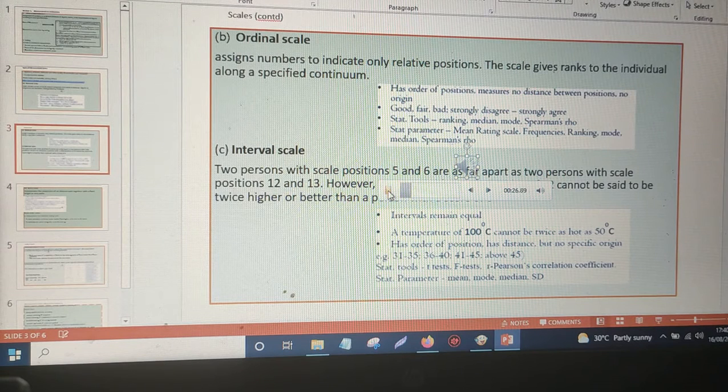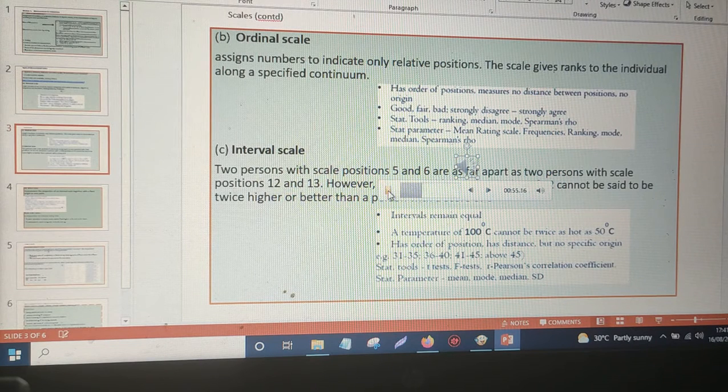They measure no distance between positions. No origin. For example, good, fair, bad. Strongly agree to strongly disagree. If you examine this, you will see that they are relative positions. Good, fair has gone down a bit, then to bad has gone down to the lowest level.